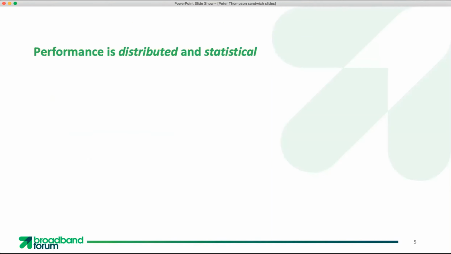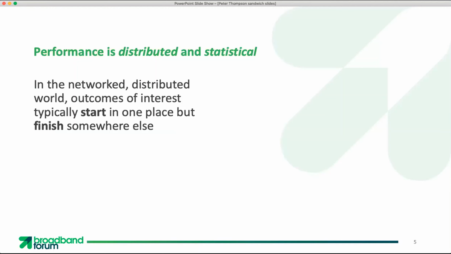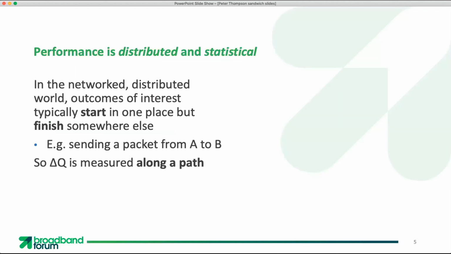Okay, so the next thing to say about performance is that in the network distributed world, things we're interested in start somewhere, but they finish somewhere else. So just as a simple example, sending a packet from A to B. So delta Q is something that's measured along a path. It's different from typical measures that you would get out of a piece of equipment, for example, where you're measuring something at just one point.